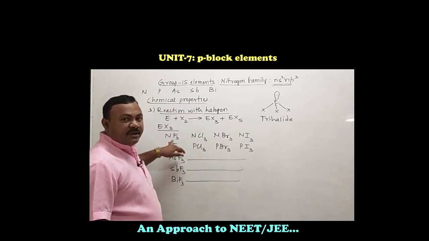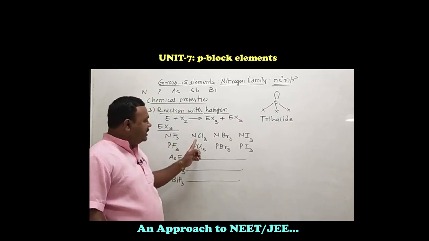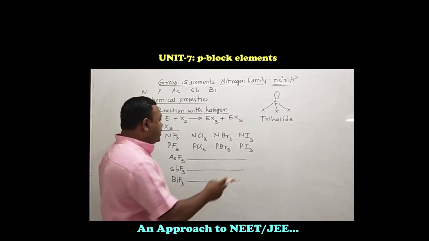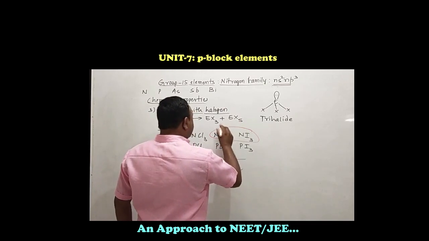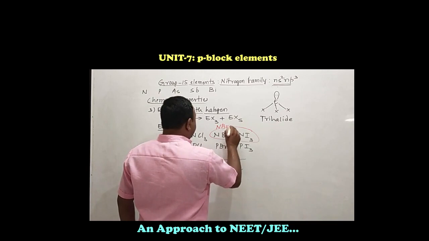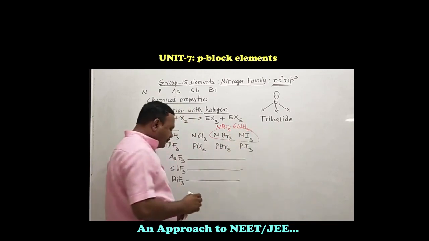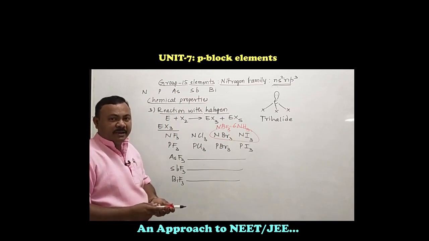Therefore, NF3 is the only stable trihalide formed by nitrogen. NCl3 is an explosive, and NBr3, NI3 are existing only in ammonia as corresponding ammoniates. They form compounds with ammonia and exist only in the ammonia medium.